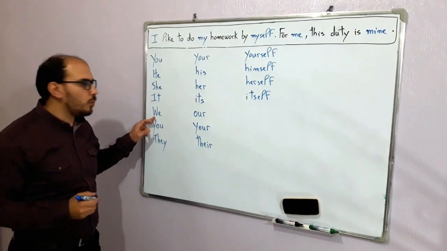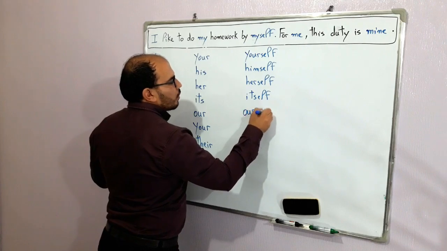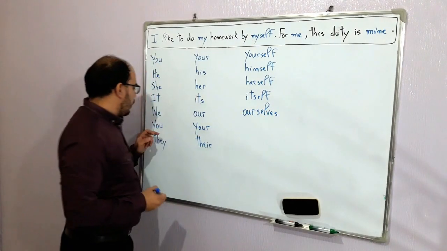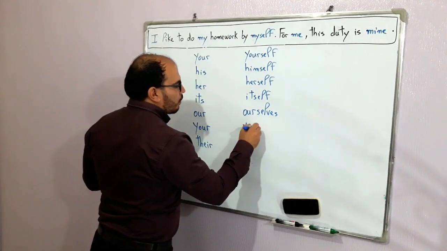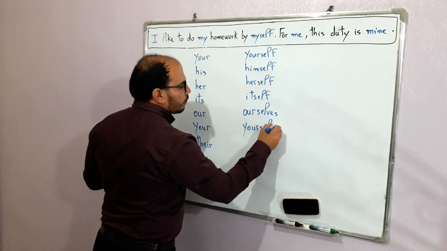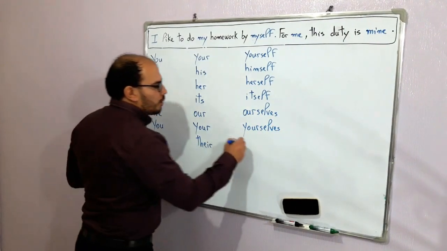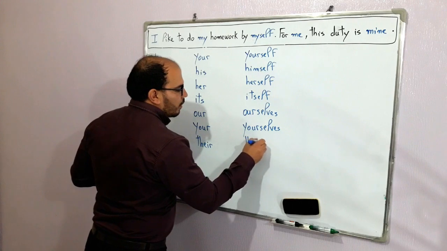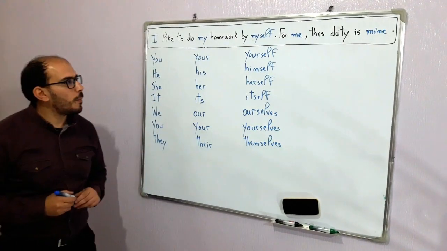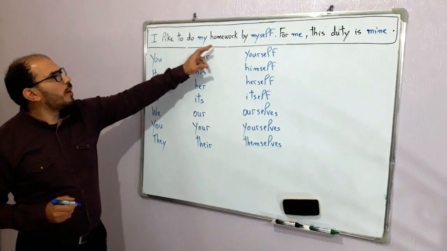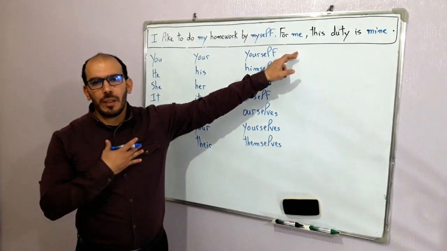If I have we, so it becomes by ourselves. If I have you for the plural, so it becomes yourselves. If I have they, so it becomes themselves.